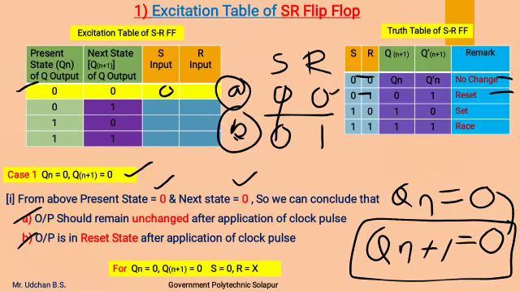For the first conclusion R is 0 and for the second conclusion R is 1. So instead of writing 0 oblique 1, I will write R as a don't care condition, which can take either value, 0 or 1. So for Qn 0 and Qn plus 1 0, we get S as 0 and R as a don't care condition.